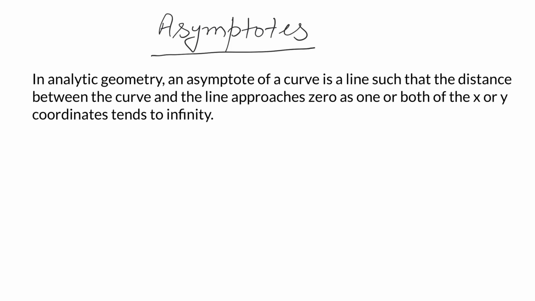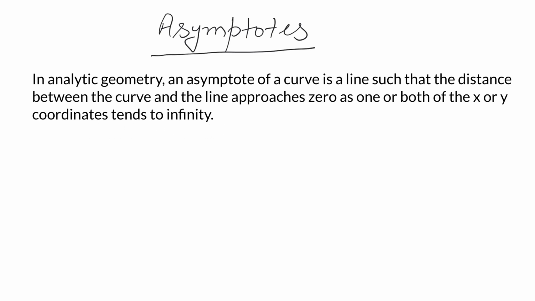Firstly, we shall see the definition of the asymptote. In analytic geometry, an asymptote of a curve is a line such that the distance between the curve and the line approaches 0 as one or both of the x or y coordinates tends to infinity.